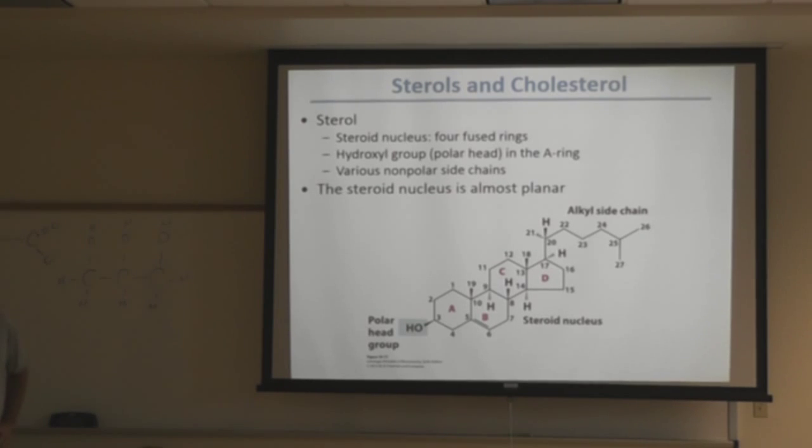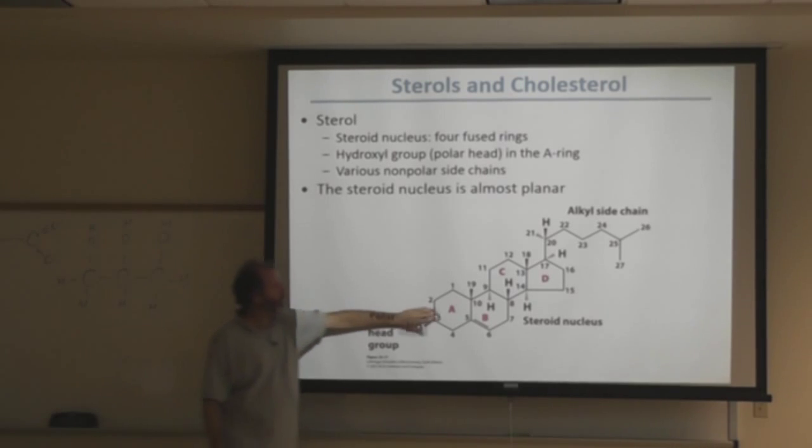What else is cholesterol used to make that your body uses that's not a steroid hormone? How about, you ever heard of bile salts? So, for the absorption of fat. The steroid nucleus is almost planar in this configuration.